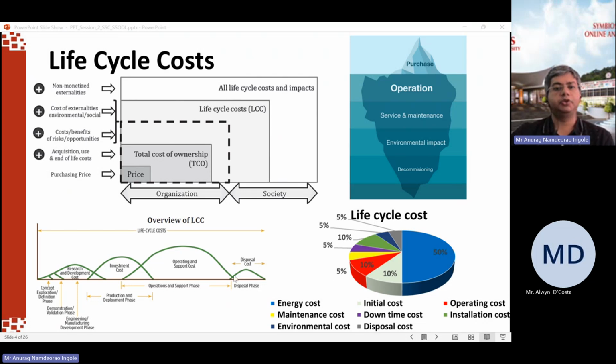The below two diagrams give an overview of what percentage of life cycle costs each of these phases has. On the right side, this is a generic bifurcation.